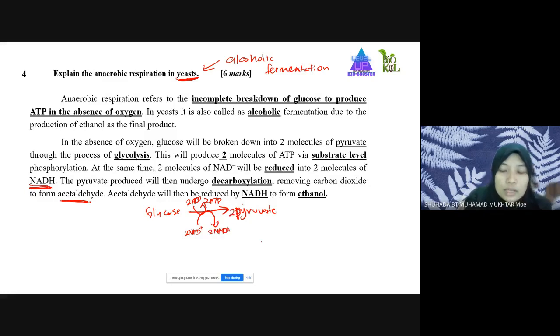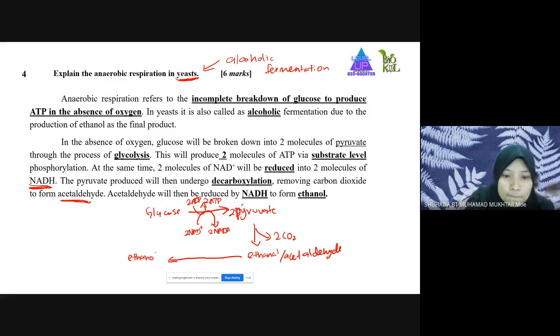Then undergo decarboxylation, jadi etanol ataupun acetaldehyde boleh je. Lepas tu acetaldehyde undergo reduction forming ethanol, reduced by NADH. Macam tu je. So awak tahu diagram ni sepatutnya boleh explain.